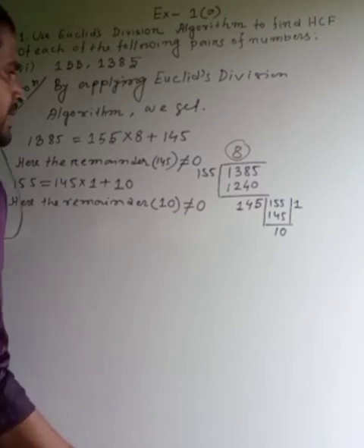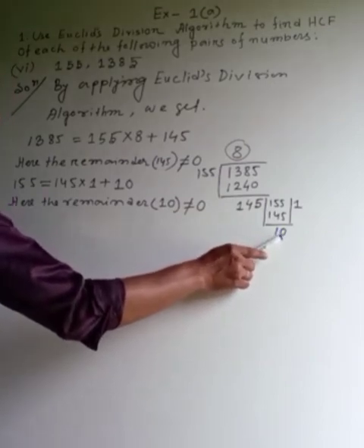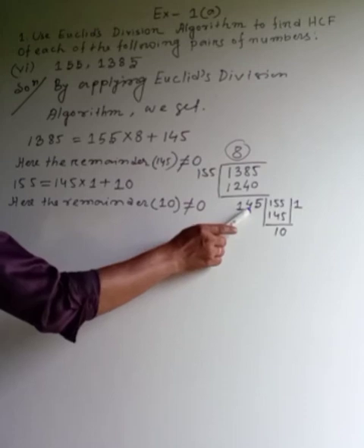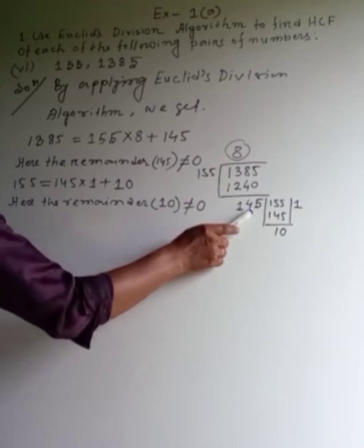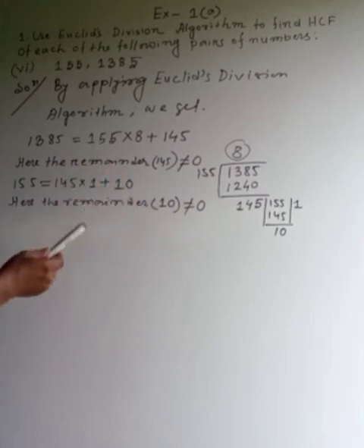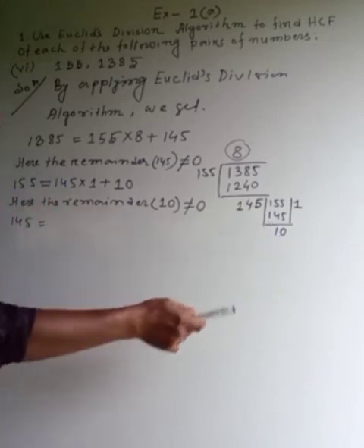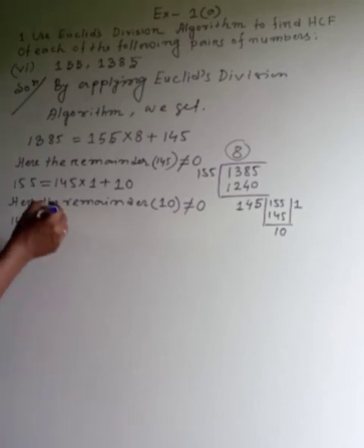Now same process. Now you got the remainder 10 and divisor 145. So this divisor will now be the dividend, and this remainder will now be the divisor.